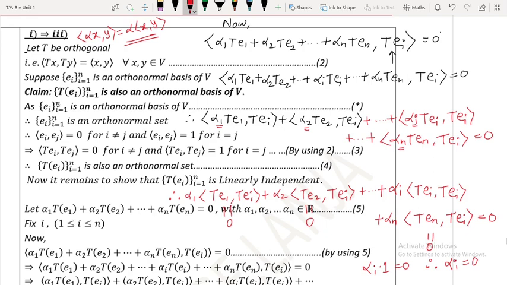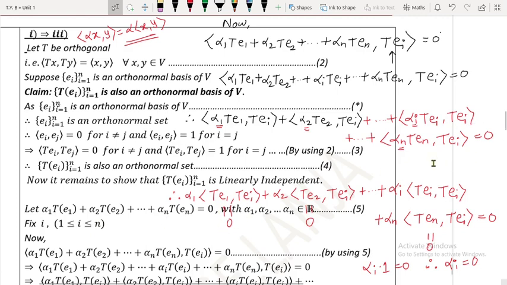Okay, आता आपण पहिल्यांदा काय केलेलं, हा i फिक्स करून घेतलेला. It is some value between 1 to n. आता आपण हा i, we can repeat the same process for what? i is equal to 1, i is equal to 2, and so on, i is equal to n.